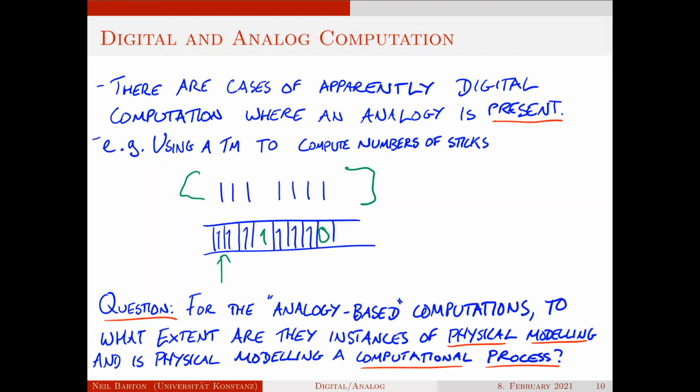Similarly, we could do a very similar operation on the sticks, right? We just go and we pick up this stick and we put it in the middle, and then we look at the number of sticks we get in the row.